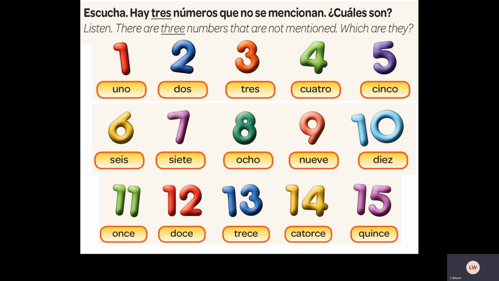Módulo 1. Mi vida. Unidad 3. ¿Tienes hermanos? Página 12. Ejercicio 1. Escucha.